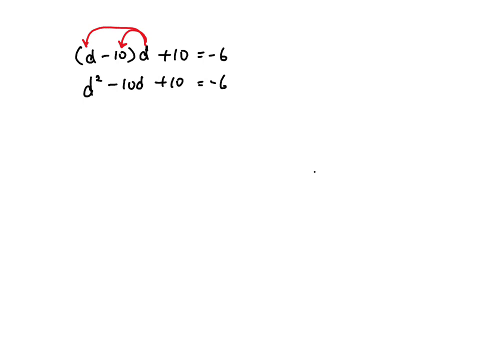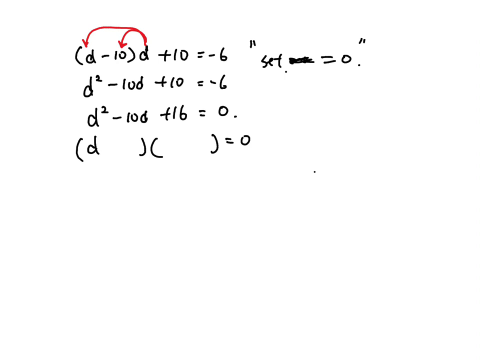Just like earlier we said, set one side equal to 0. So we get d squared minus 10d plus 16 equals 0. And I think this one is also factorable. You get a d and a d because of the d squared.